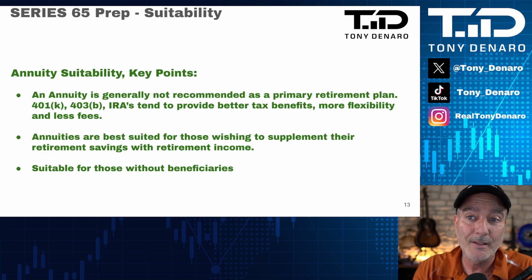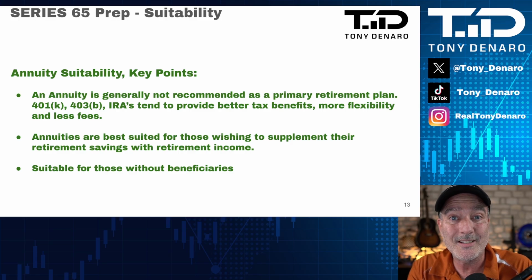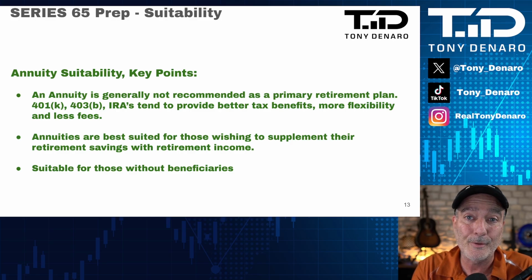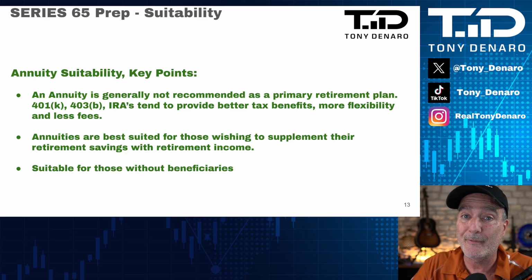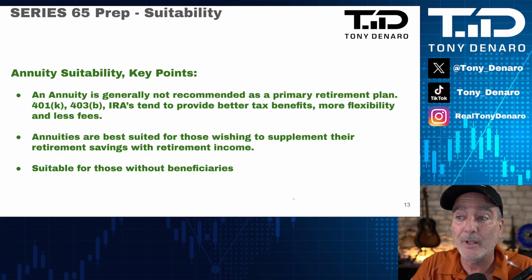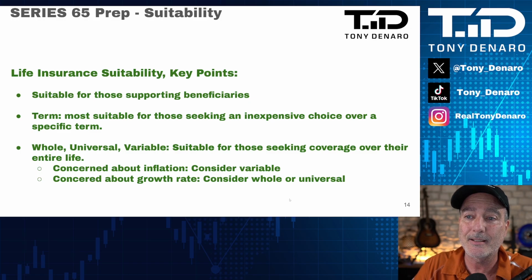Refer to that annuity video for more details on that. Suitability of annuities is also more towards those who are not worried about taking care of beneficiaries. If you are worried about taking care of beneficiaries, then you might want to consider an insurance product.